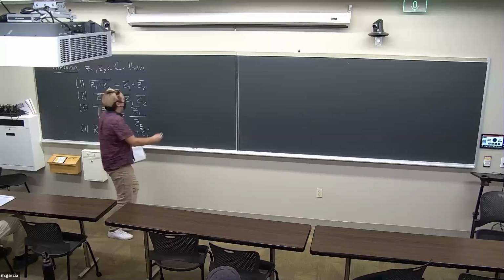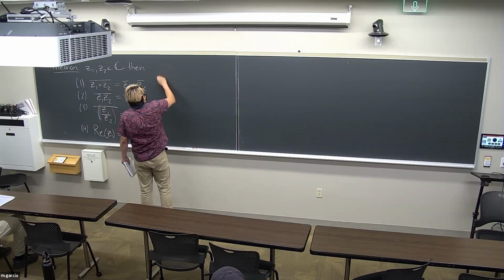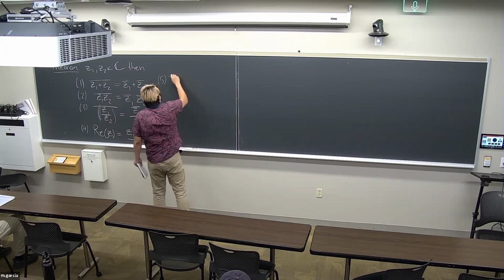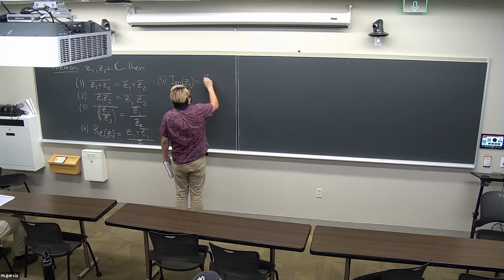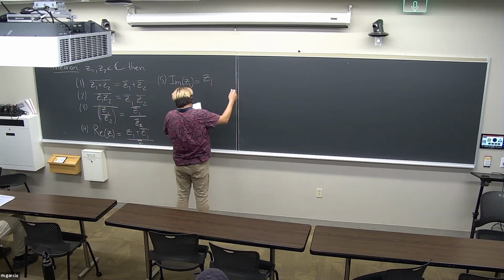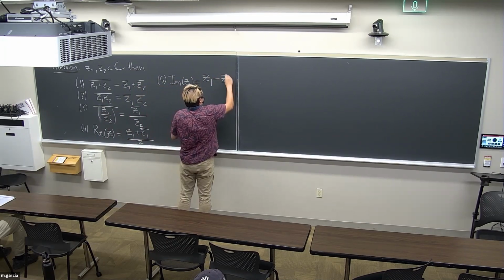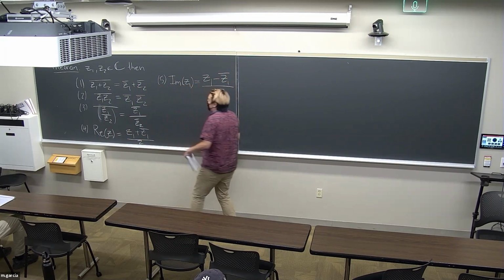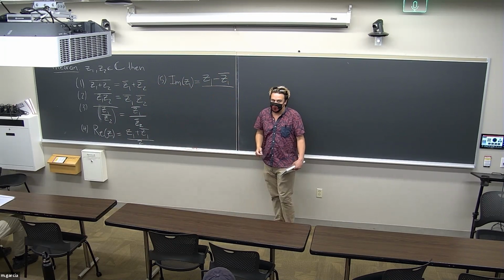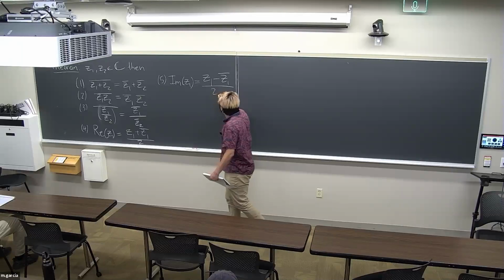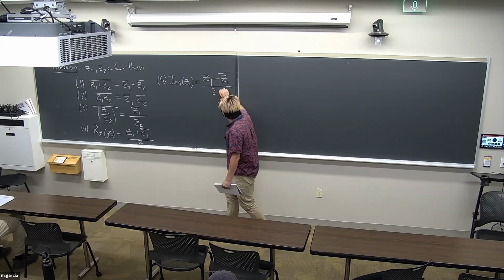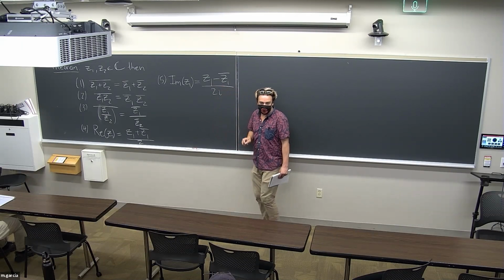Okay? Analogously, we have a statement for the imaginary part of z1. We take z1 minus the conjugate of z1. And what do I divide by here? Two i. Okay?